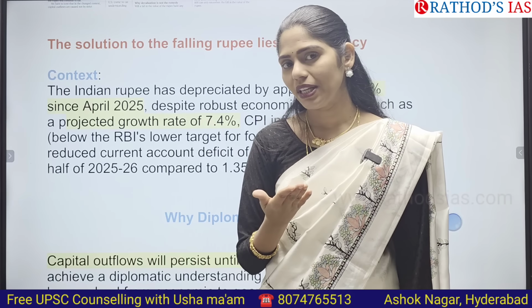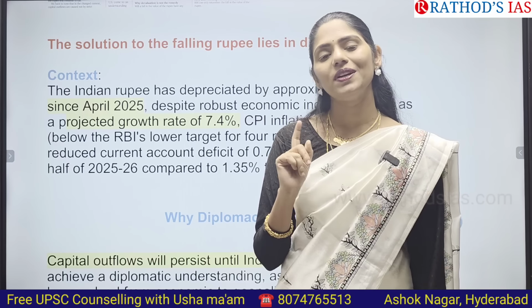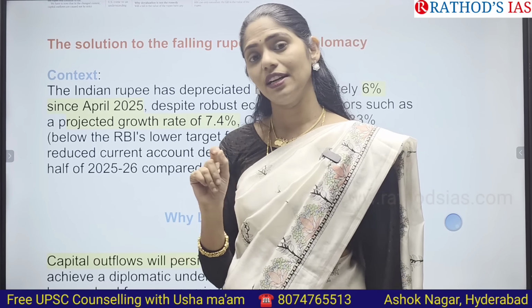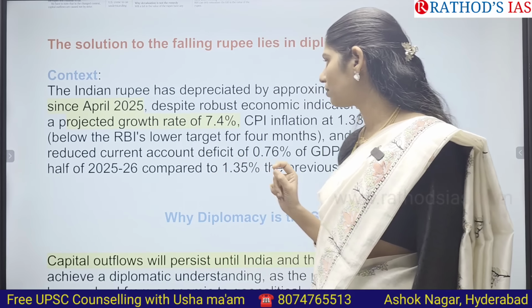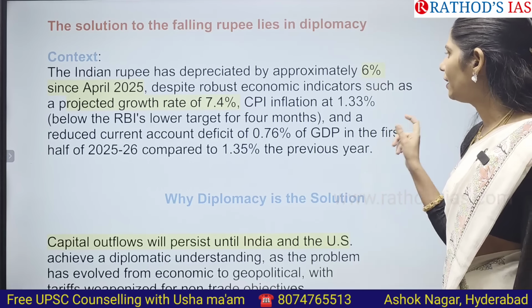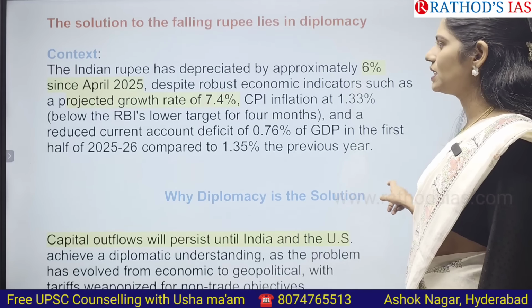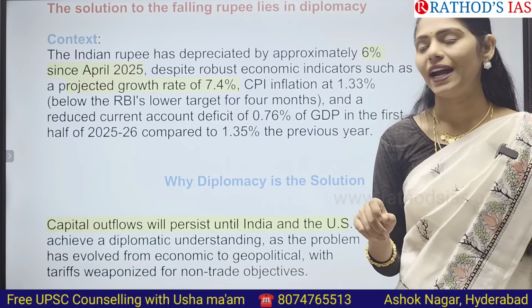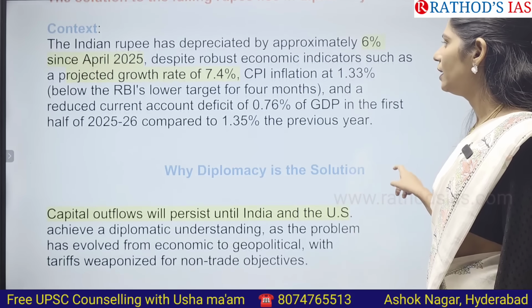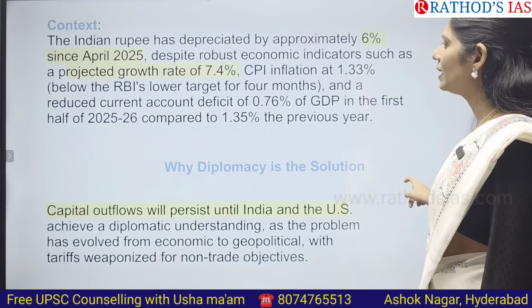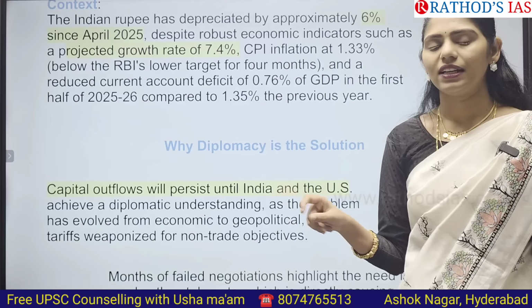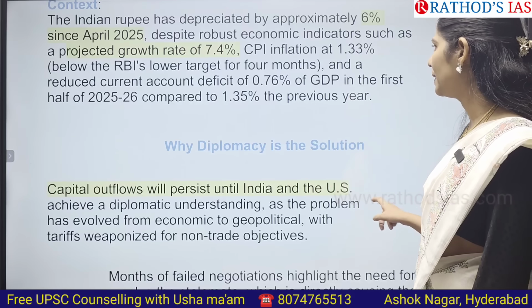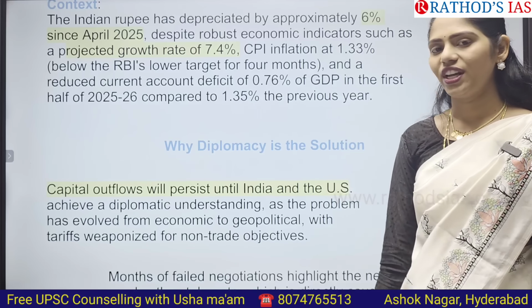Now what is happening here? The value of the Indian rupee is decreasing drastically. This condition is called depreciation. Approximately 6% of the value of the rupee has depreciated. And there are certain robust economic indicators which say that India's growth is 7.4% and inflation is very low, it is 1.3.